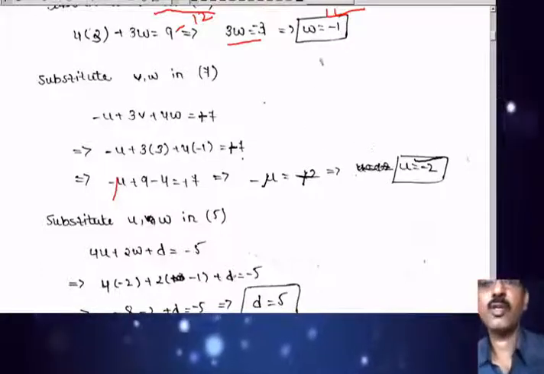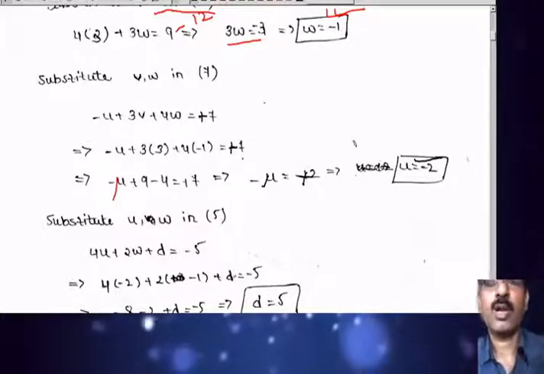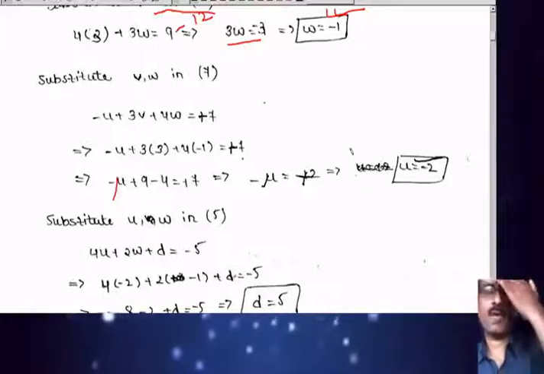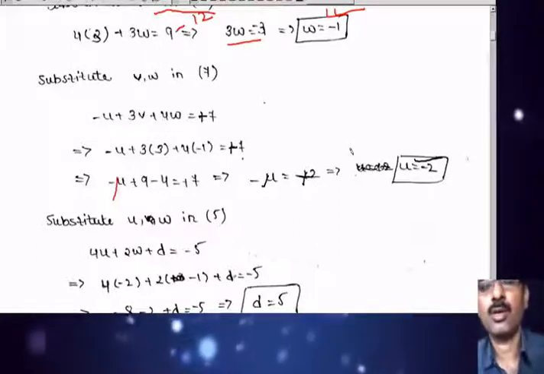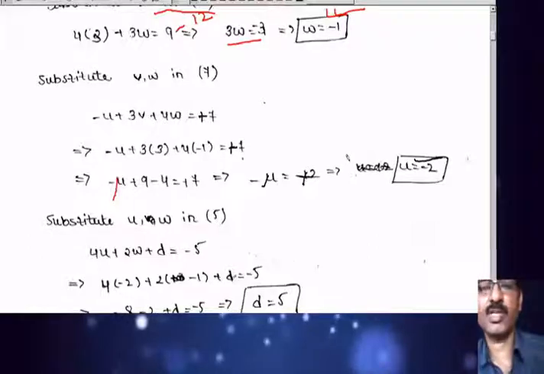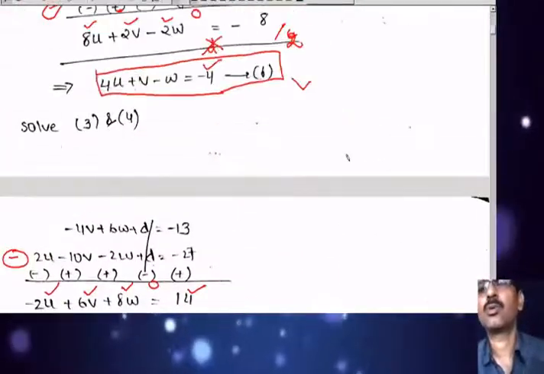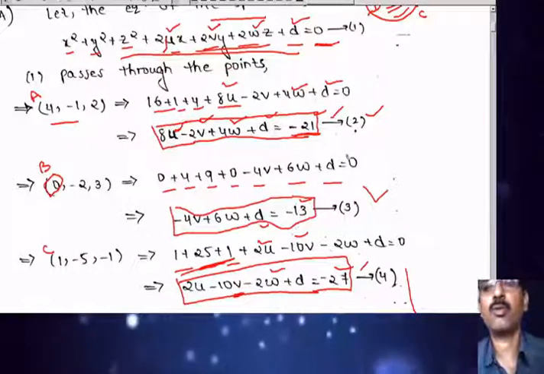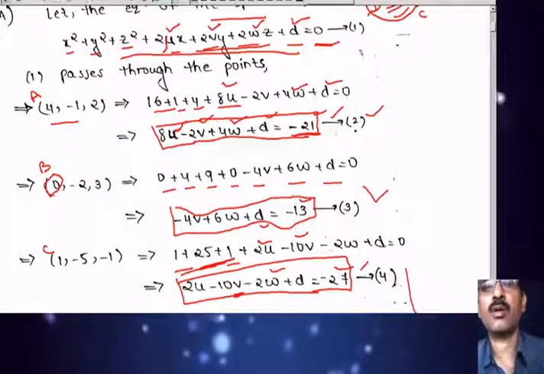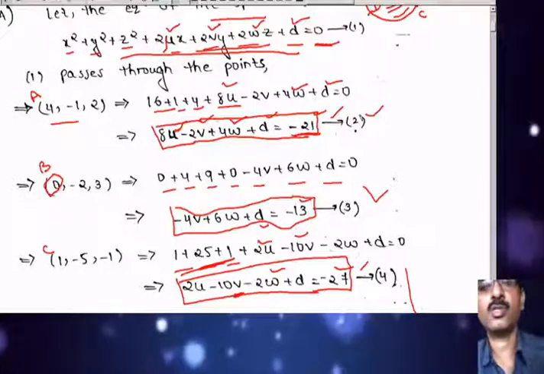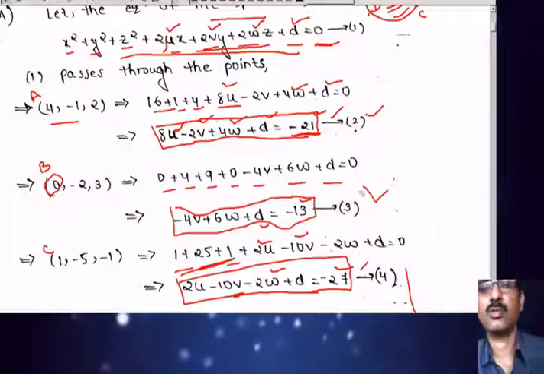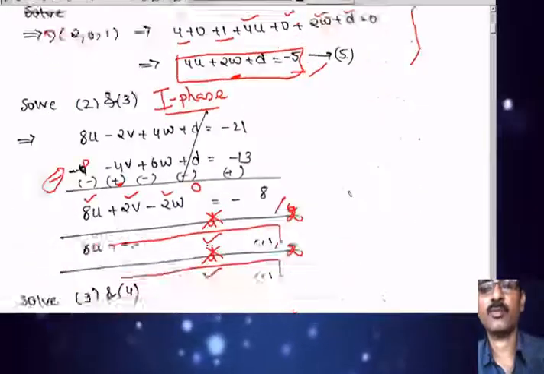Finally, we got u, v, w. Again, we choose another equation having u, v, w, d for the value of d. We go to the equations and choose any equation which is very easy: 2, 3, 4 and 5.